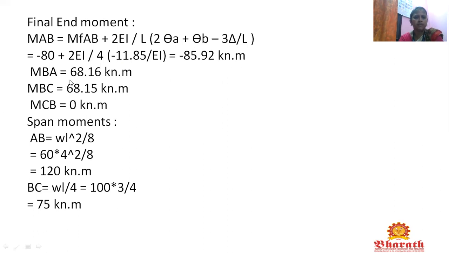Similarly for MBA, the same formula: MFBA plus 2EI by L into 2 theta B plus theta A minus 3 delta L by L. Using the same equation, we substitute the values for MBA plus 2EI by L into theta B. Then theta A is 0 and minus 3 delta L by L is 0, because we are not having any sinking supports in the question.